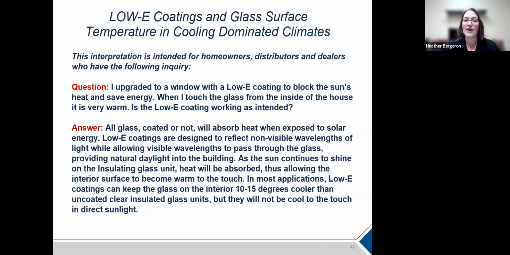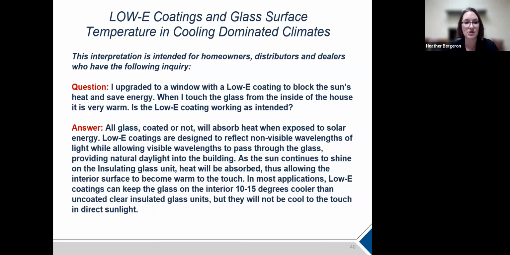Here's an example of an answer that you may be able to give to your homeowner or a distributor out in the industry. All glass, coated or not, will absorb heat when it's exposed to solar energy. Low E coatings are designed to reflect non-visible wavelengths of light while allowing visible wavelengths to pass through the glass, providing natural daylight into the building.